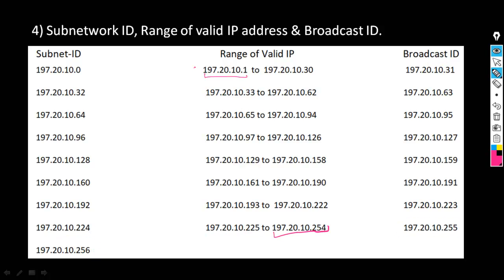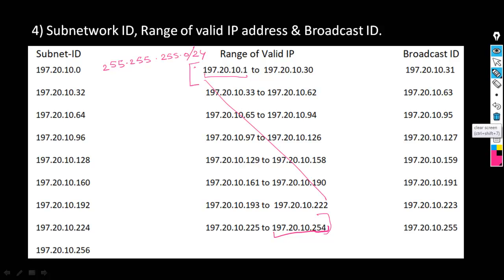Earlier, when we were giving these IPs, that is 197.20.10.1 to 197.20.10.254, to the machines, we were using the subnet mask 255.255.255.0/24. Then these IPs were able to communicate with each other.